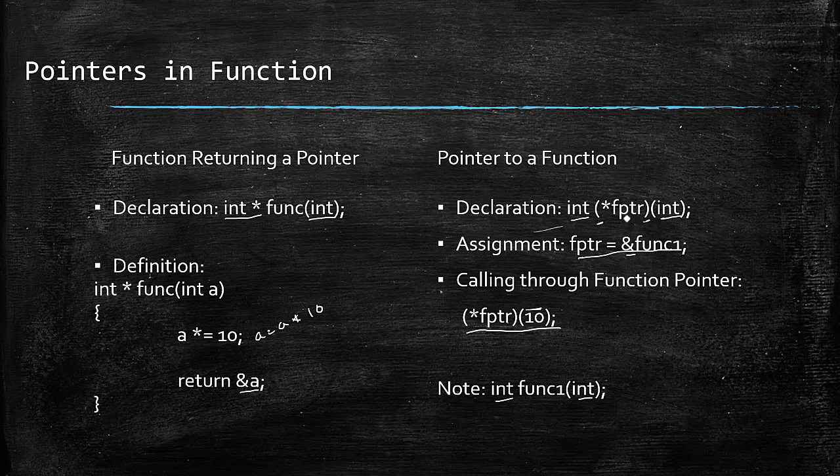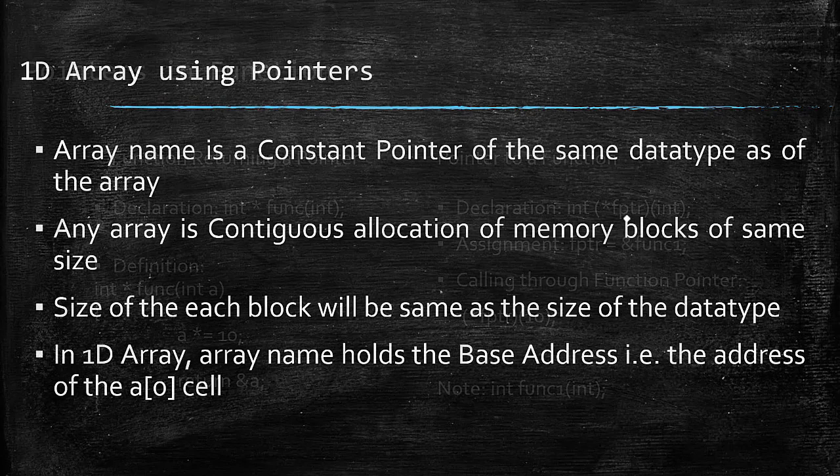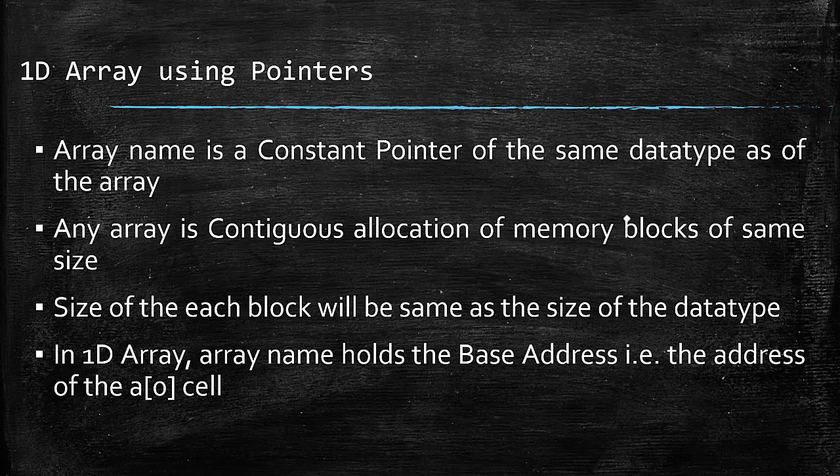We are going to discuss how we realize a 1D array using a pointer. First thing you need to know is that the array name is a constant pointer of the same data type as the array.